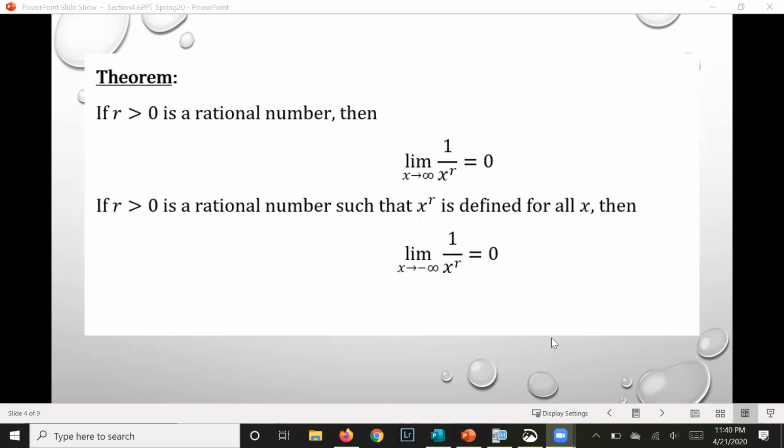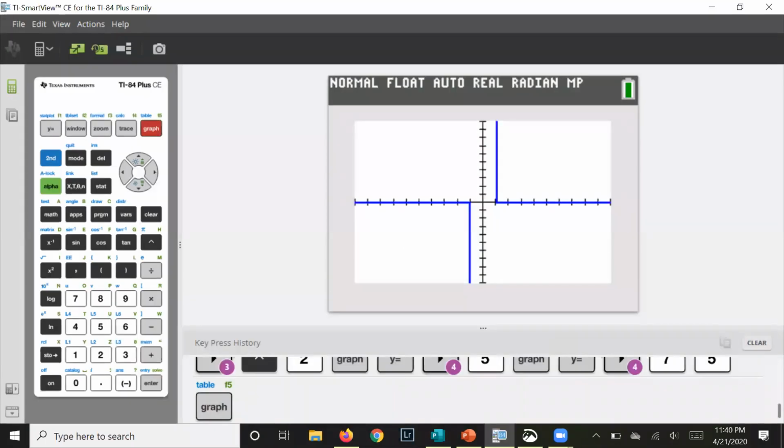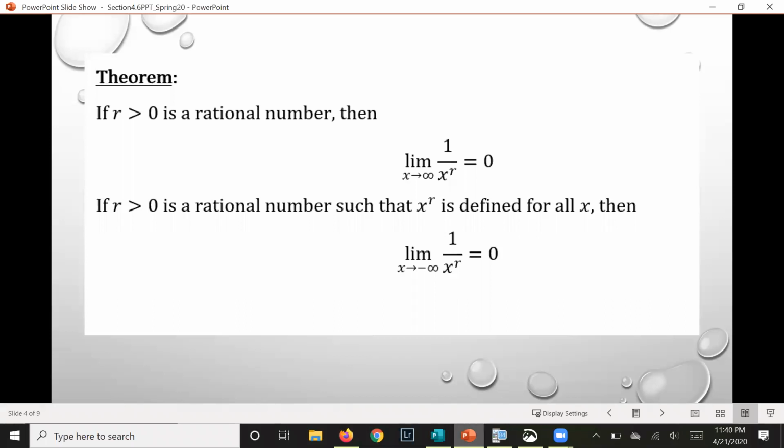Well, as x goes towards positive infinity, that will always be equal to 0 is what this is telling us. Okay. Similarly, if we have a similar setup where it's 1 over x to the r, but we're going towards negative infinity this time, well, still the limit will go towards 0.